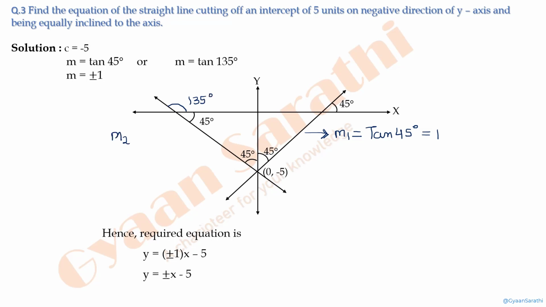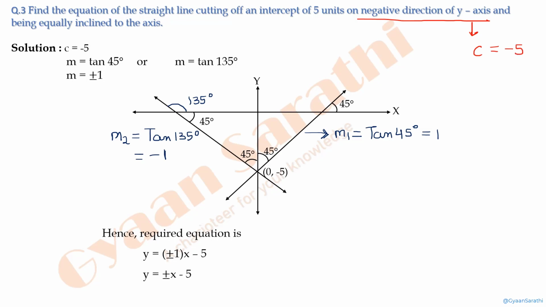And if m2 is the slope of this line, then m2 is equal to tan 135 degrees, which is equal to minus 1. Now the question says that the line is cutting an intercept of 5 units on the negative direction of y-axis. So from this I can conclude that c is equal to minus 5.